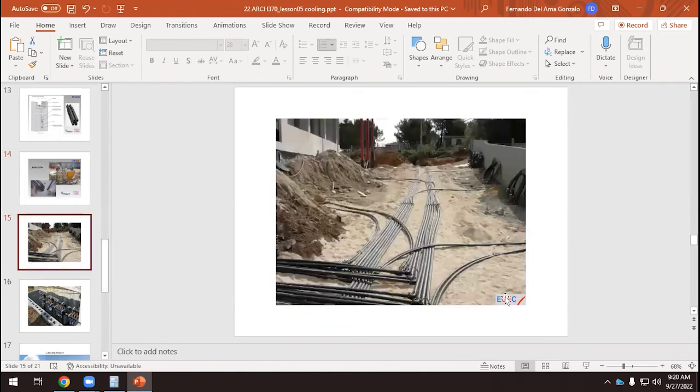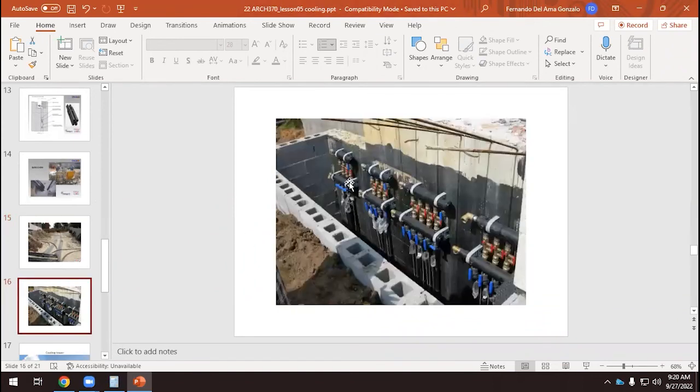And how many boreholes do we need? It depends on the size of the building. But you see that each 4 pipes come from the borehole here, another one there, another one there. So at the end, we have a lot of pipes buried, and what we do see is this. So in the basement of our building, we will have this.